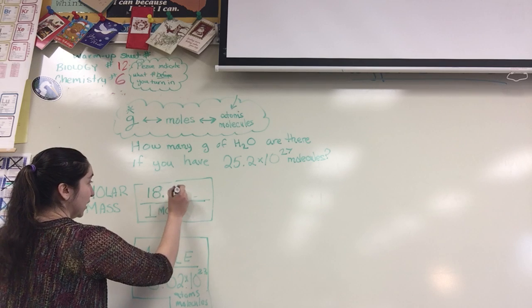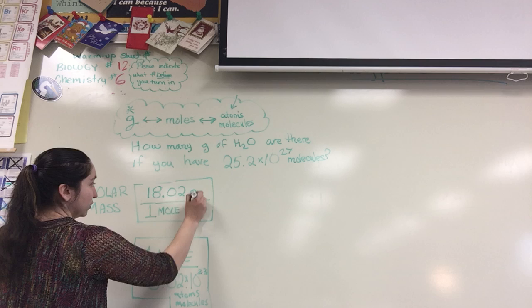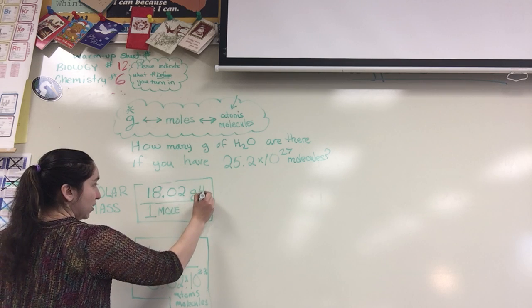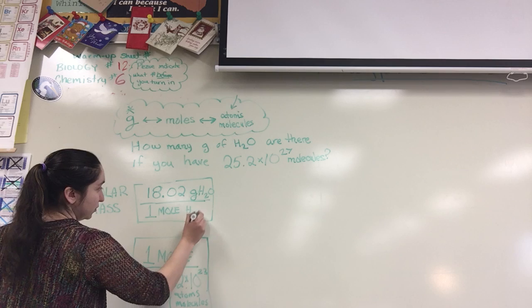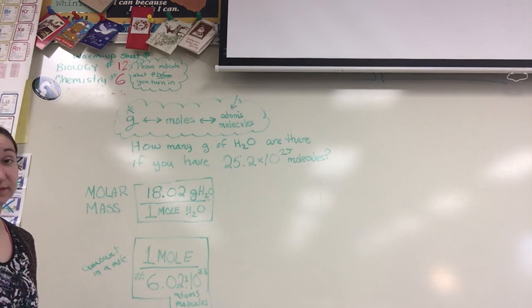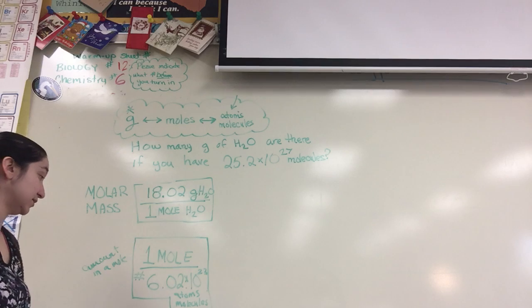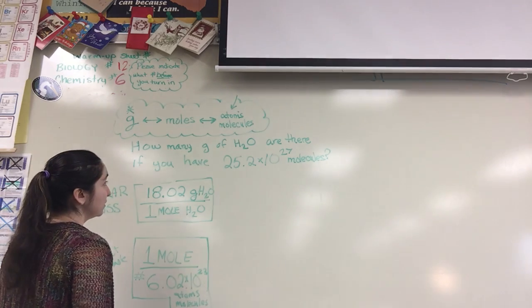But I'm using a rounded periodic table, so 18.02 grams H2O in 1 mole of H2O. And this one's always going to be the same: if you have a mole of something, you have 6.02 times 10 to the 23rd. So let's go ahead and get started.